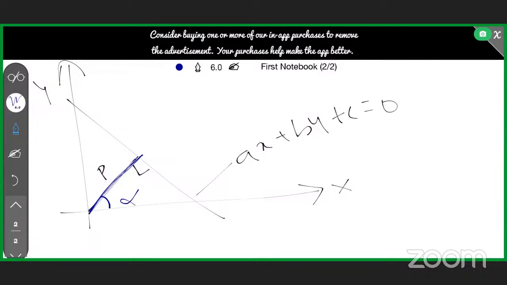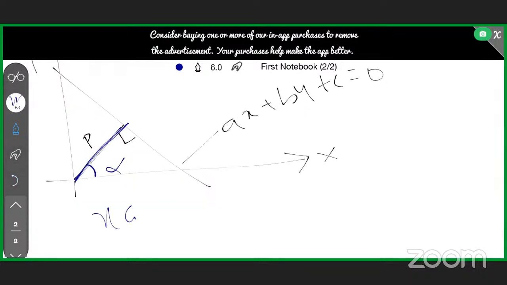Then the equation of this line is given by x cos alpha plus y sin alpha is equal to p.